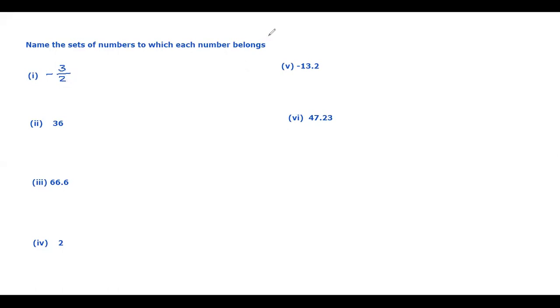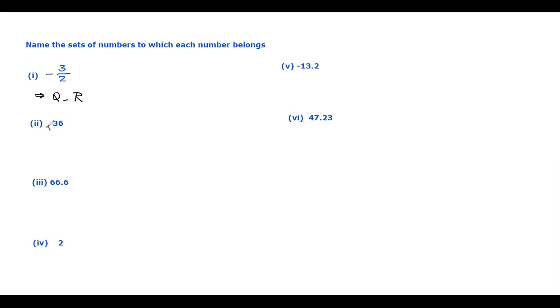This is a fraction, anything you can represent as a fraction. So this number is rational, a Q. As long as it's a Q, then it is R.